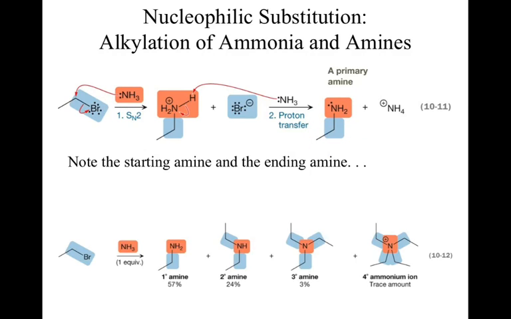What does that mean? As soon as we try and run this reaction, we do not stop at the primary amine. It can continue to react to form the secondary amine, which can continue to react to form the tertiary amine, which can continue to react to form the quaternary amine. So when we try and do a substitution with an amine, it's a mess.